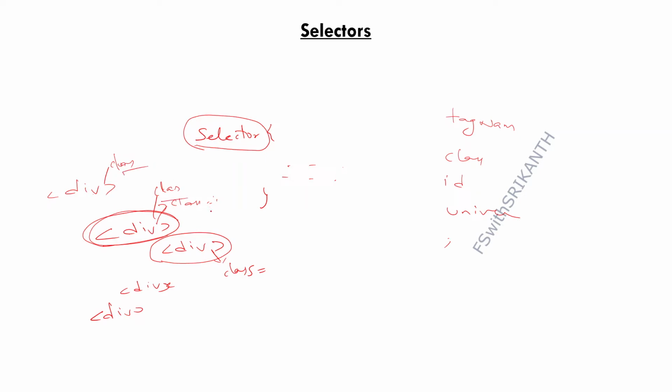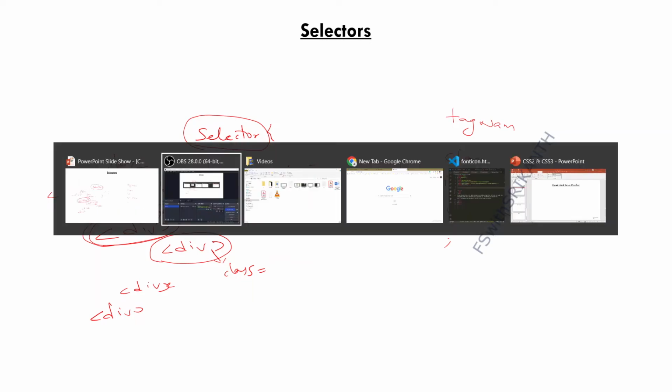How can we apply that? There are plenty of ways to apply selectors. With real time we understand what we should do, right? How we apply selectors is the most important thing in real time. As a developer you should be aware of this.